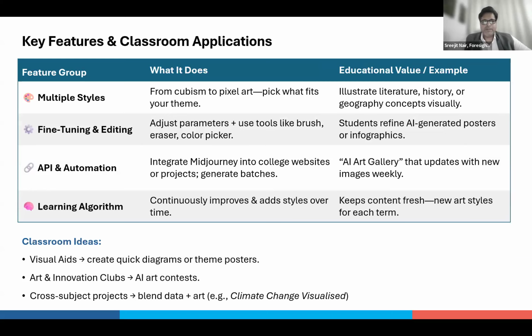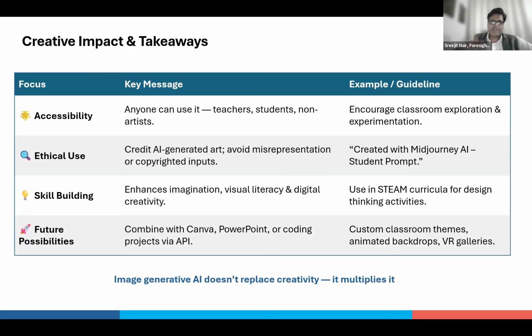You can also use image generation to create multiple styles, and further fine tune and edit what you have generated. You can also have automation aspects included, and a learning algorithm where multiple styles you can look at and keep on updating. So these aspects I'll just very quickly take you through.